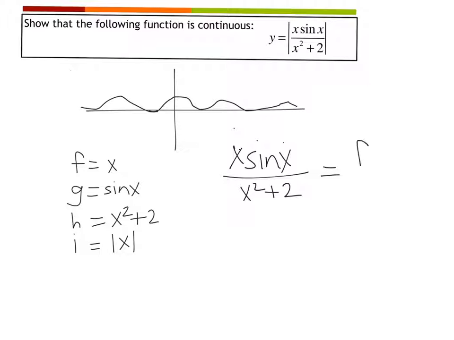F and g. So that's just f times g. And on the bottom, that's h, right? Now, how is I related to all that? If I'm talking about my function y there, it's all inside I. So that's I of f times g over h, like that. That's what this function is, right? It's a composite of the product of the quotient of this graph.